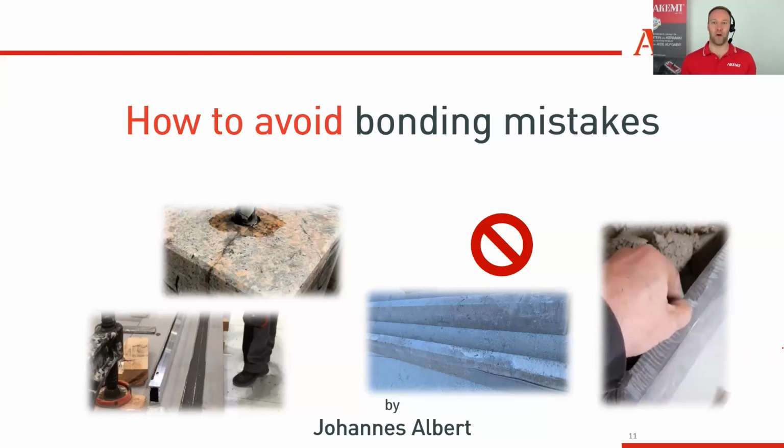When you think about aeroplanes, for example, the wings, everything is bonded together. So you can do fantastic things with adhesives and glues, but so that the glues can perform in the right way, you have to keep a small checklist in mind, and we will talk about this in the following 45 to 60 minutes.